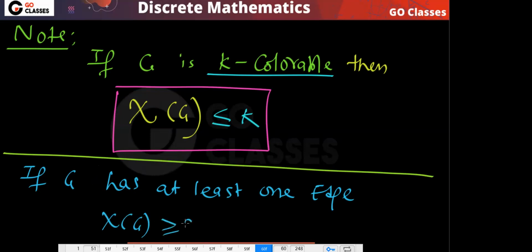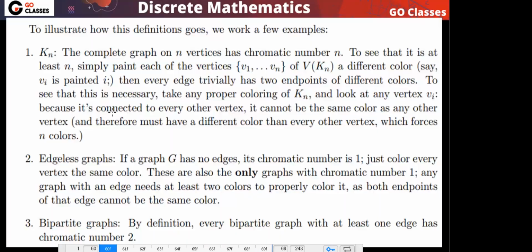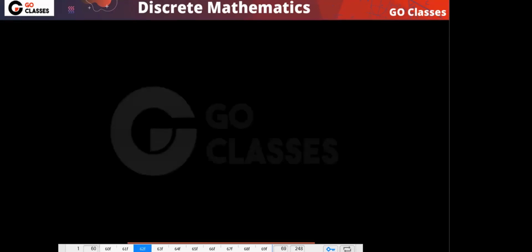That will definitely be greater than or equal to 2. So we have seen Kn, we have seen the edgeless graph, we have seen the bipartite graph. So a bipartite graph with at least one edge has chromatic number 2.